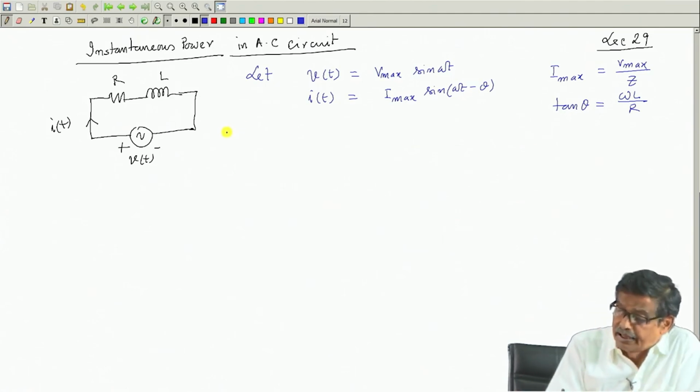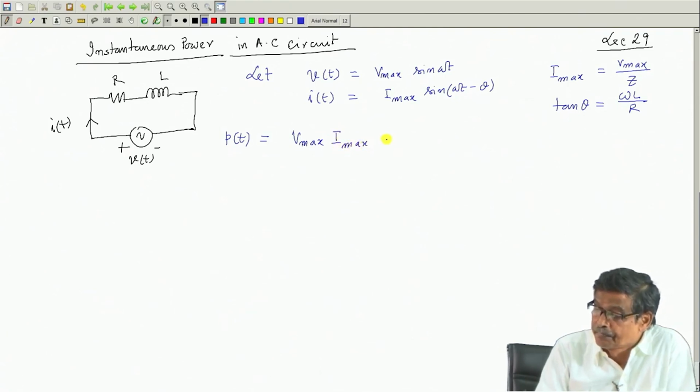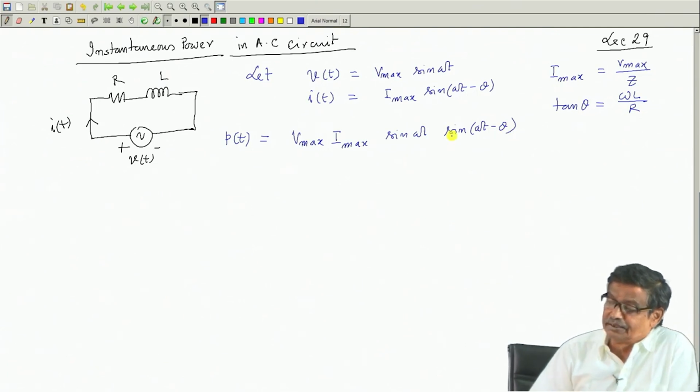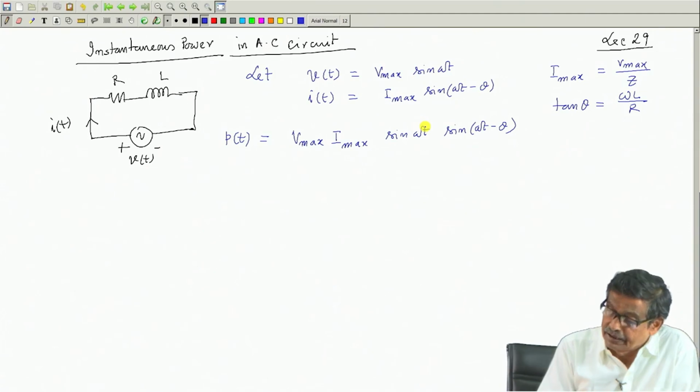Then I calculated the instantaneous power, which I wrote last time: V max I max sin omega t sin(omega t minus theta).